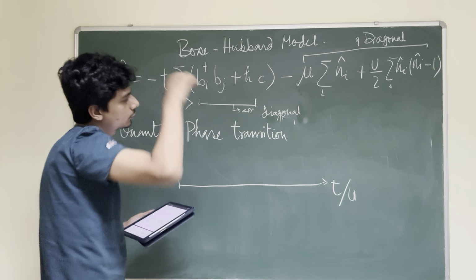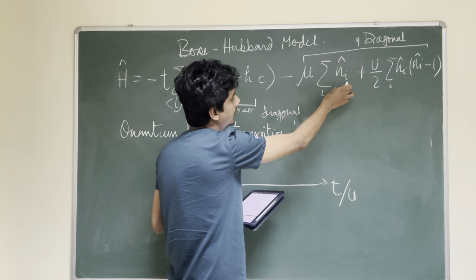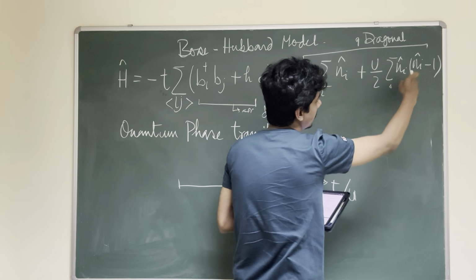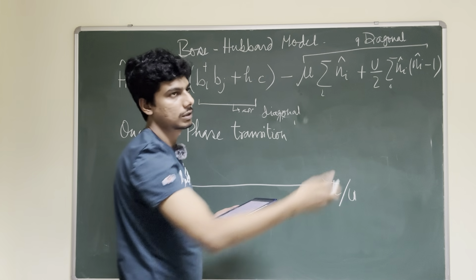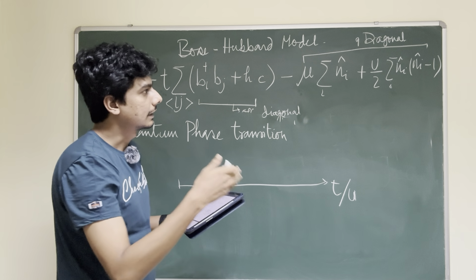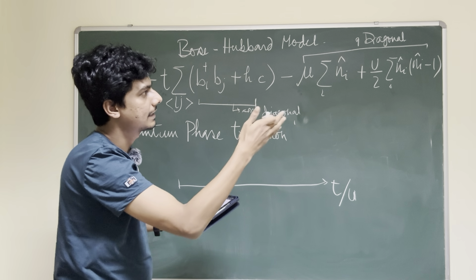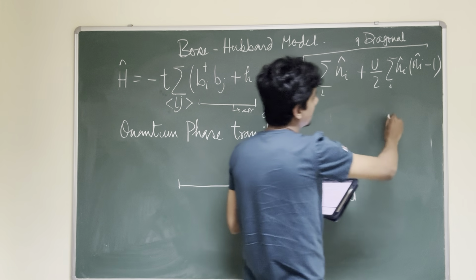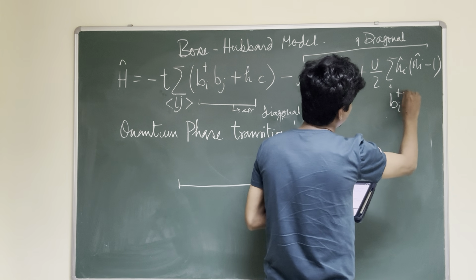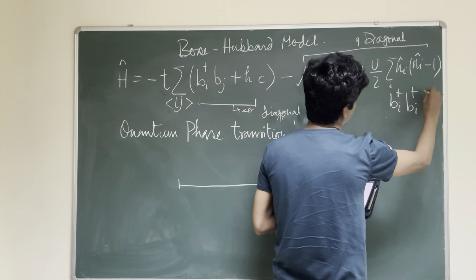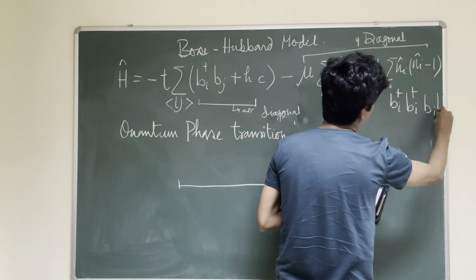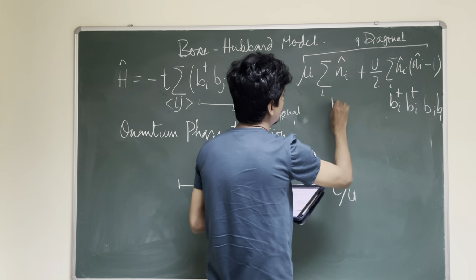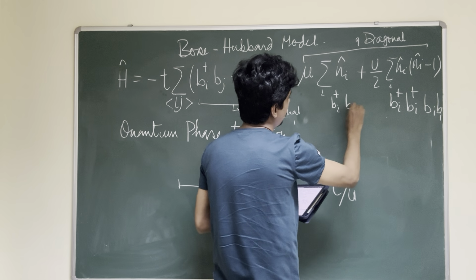I think you should notice this: n_i is b_i† b_i, and if you normal order the operators, you just have b_i† b_i terms.